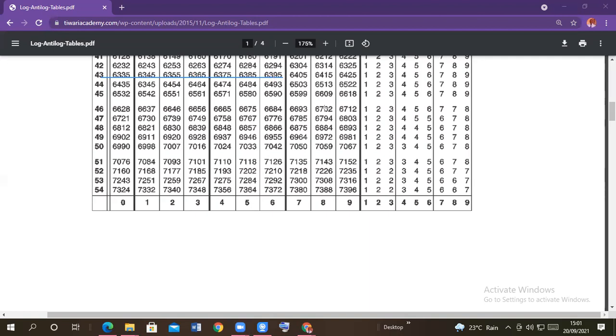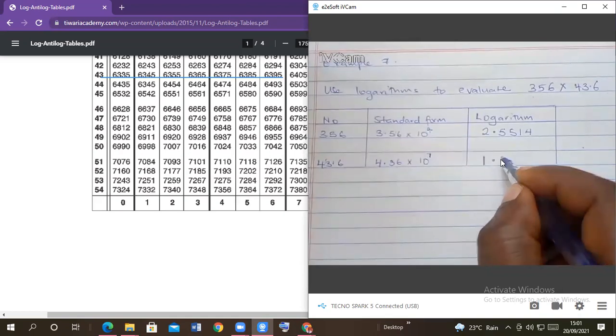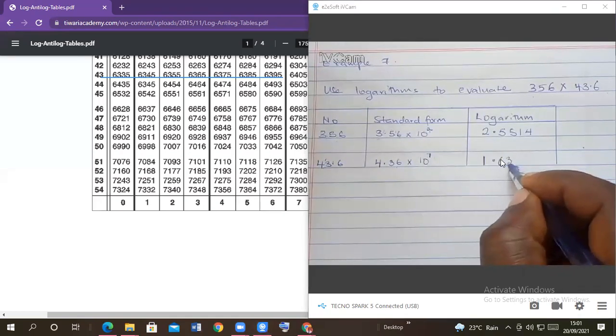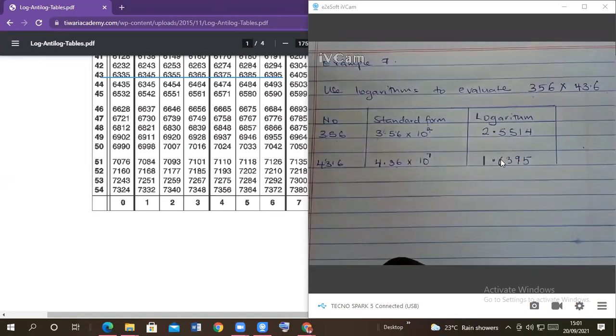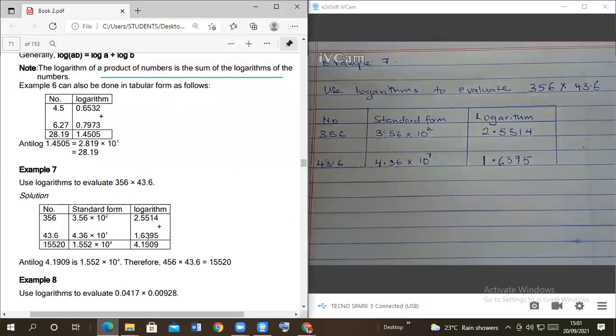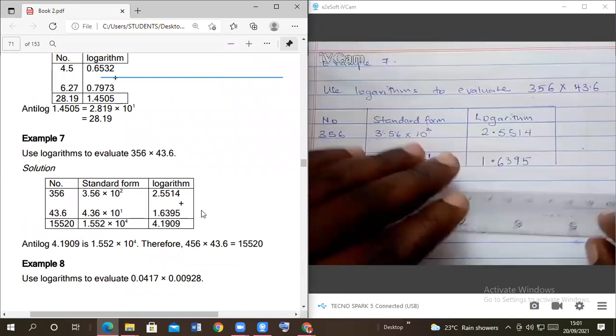So I've written 1, but point, now 0.6395. Okay, now let us check whether we are correct. Are you seeing that? Are you seeing these, members? Yes. 1.6395.